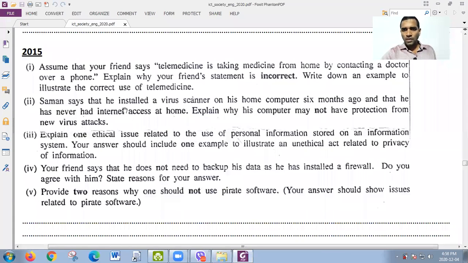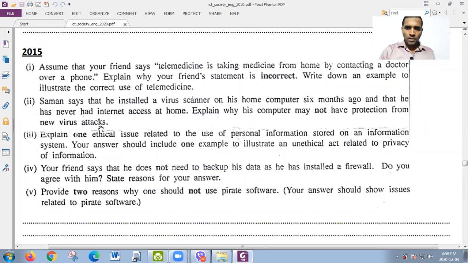Virus scanner means antivirus software, right? He installed it 6 months ago and has never had internet access at home. Explain why his computer may not have protection from new virus attacks.